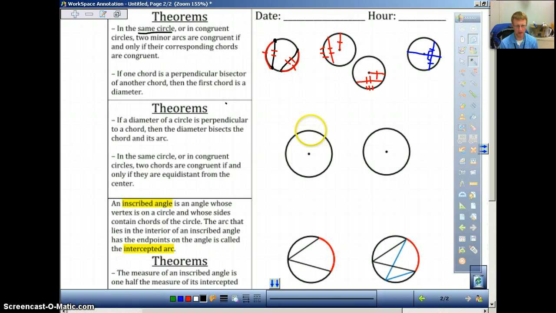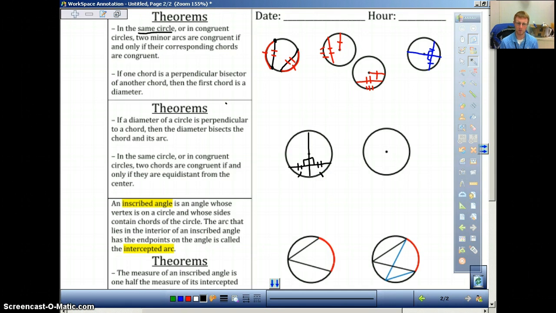In other words, if I have a diameter that's going straight down, and this is my chord, and the diameter is perpendicular to the chord, then automatically we know that it will not only bisect, which means this chord will be split into 2 equal parts, but also the arcs will be congruent as well. It's also bisecting the arcs.